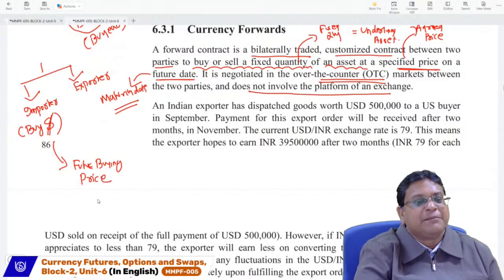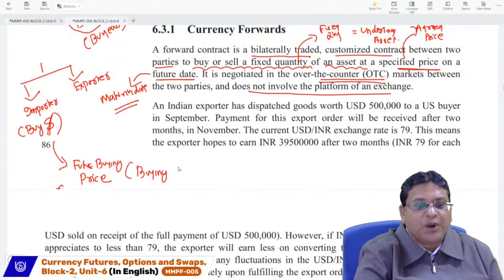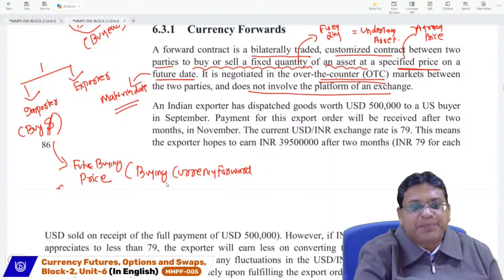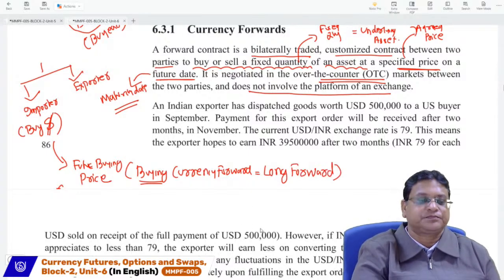He can fix it by buying currency forward. We know that buy means long. So if you take a long forward position, your risk will be reduced.